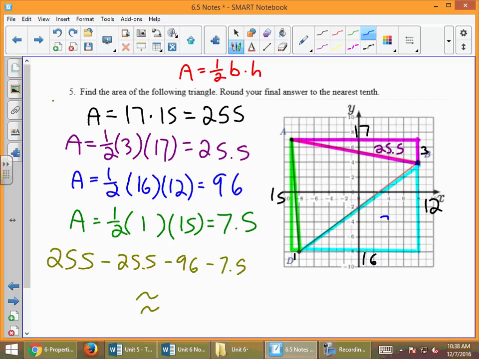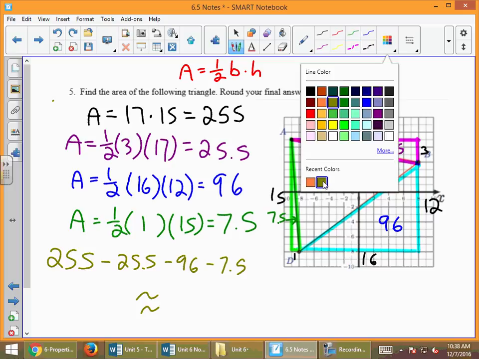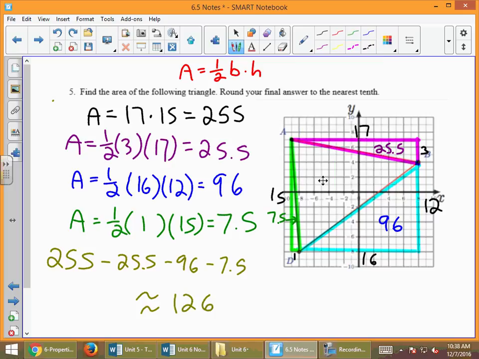So this is 96. So this is 7.5 right there. So the area of that triangle that is inscribed there is approximately 126. Exactly 126.